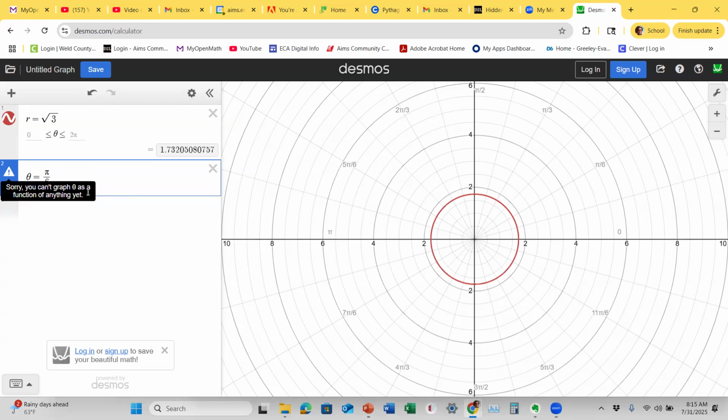It says you can't graph theta as a function of anything, and they say yet. So maybe that's an indication that there's an upgrade coming at some point. They've been saying that for a couple of years.